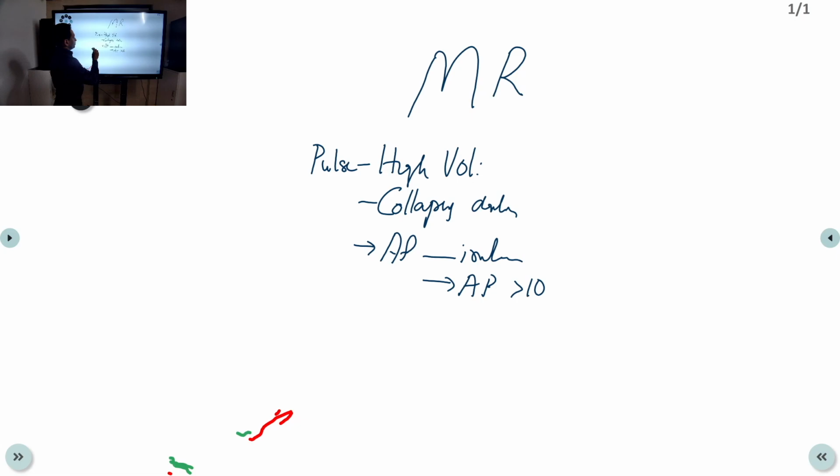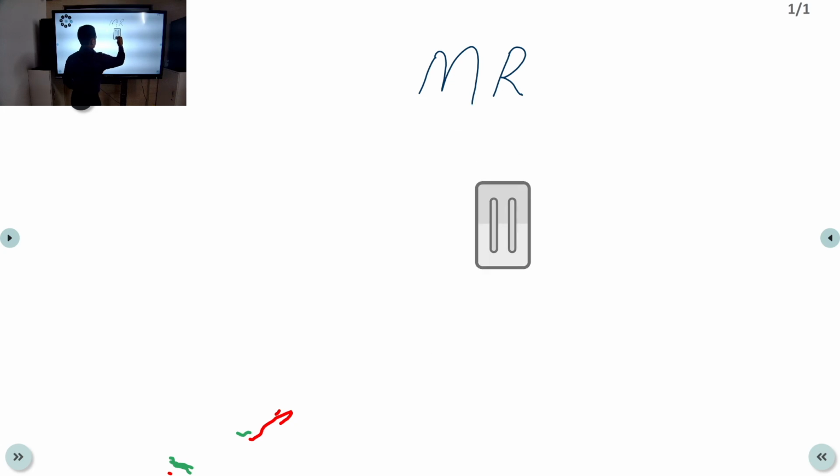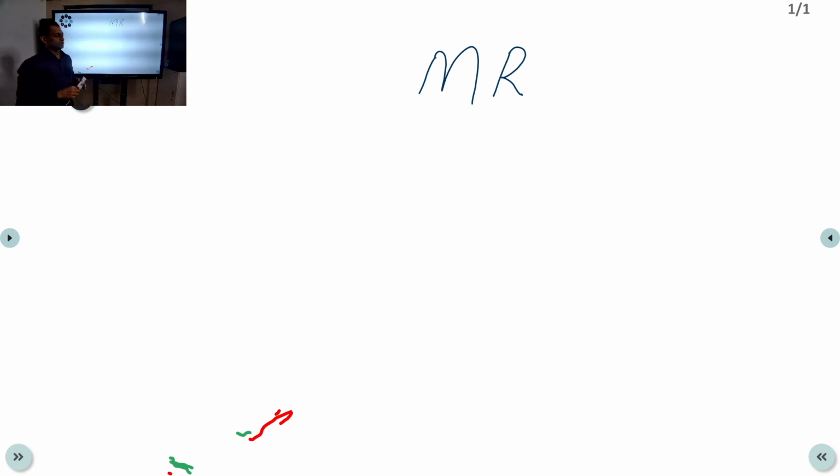Like I mentioned in the previous one, we should definitely look for signs of right heart failure. That includes raised JVP, tender hepatomegaly, ascites, pedal edema.